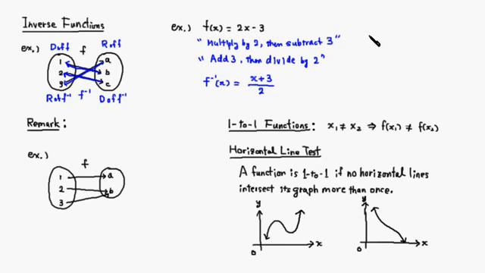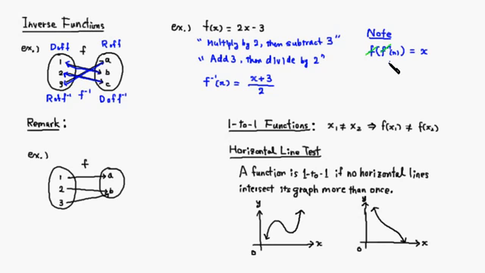So here's a note. Since the inverse function is a reverse process of the original function, when you compose f and f inverse, they cancel each other out, because you apply f inverse and then its reverse process, and what you end up getting is just x.